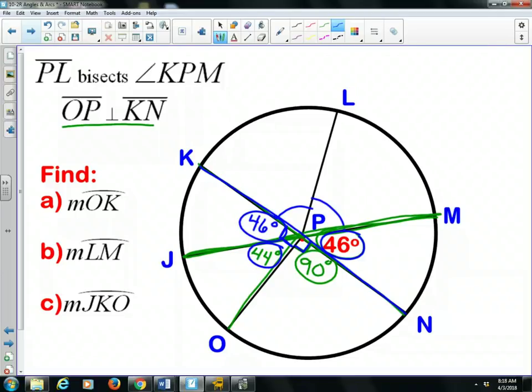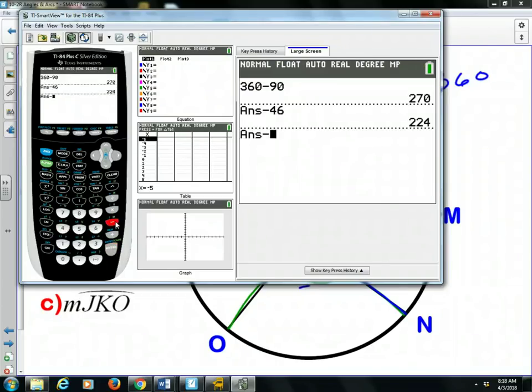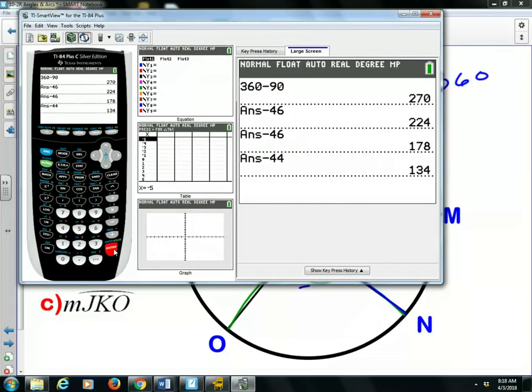And so if we take 360 degrees minus these four angles, minus 90, 46, 46, and 44, there is 134 degrees left in the circle.